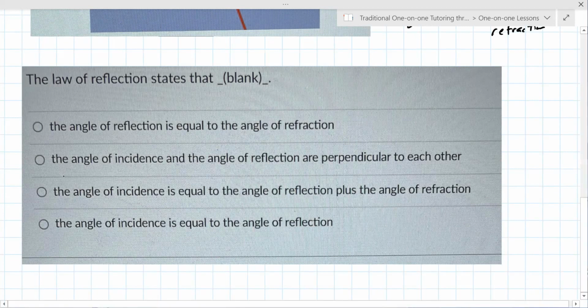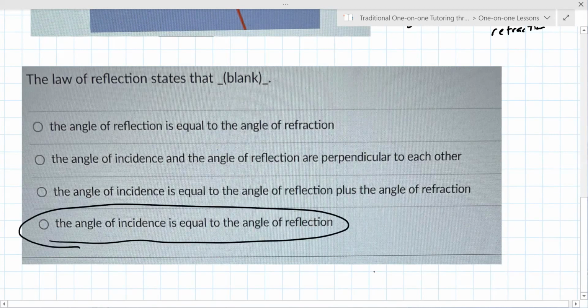The angle of incidence is equal to the angle of reflection. That's what I've been trying to say this whole time. The angle comes in equals the angle goes out. That's the incidence, and that's the reflection. And that's really what we start with. And that's why number one is false, because it's talking about the refracted angle, which could be the same, but most of the time it's not.